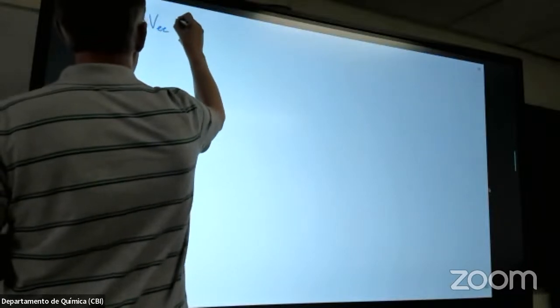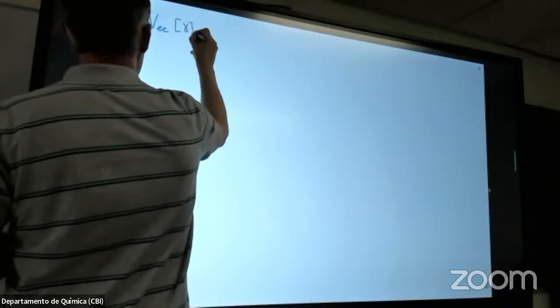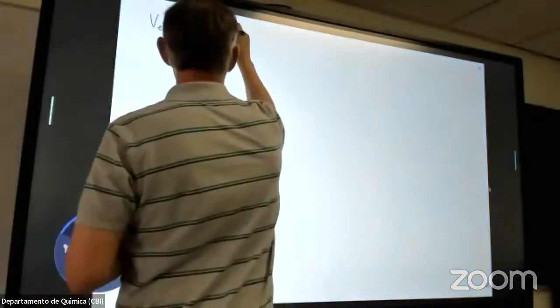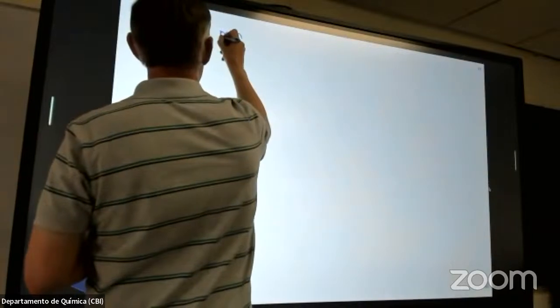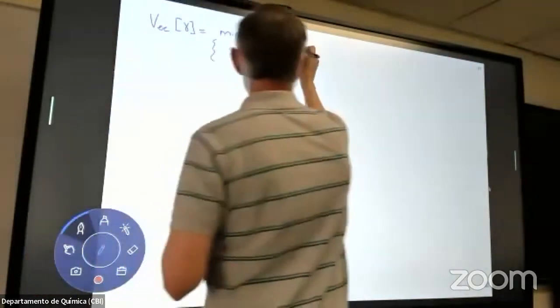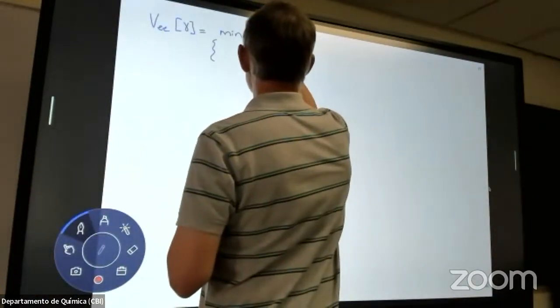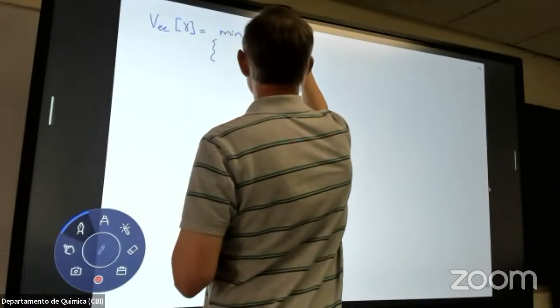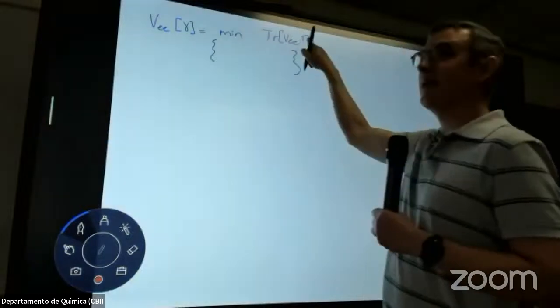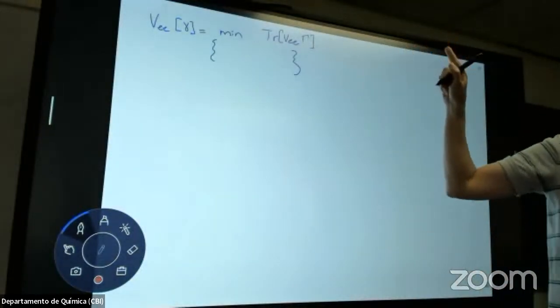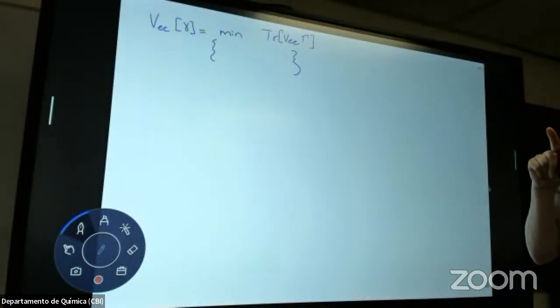We have the electron-electron repulsion functional, and it's a minimization of the electron-electron repulsion of the N-electron density matrix, right?